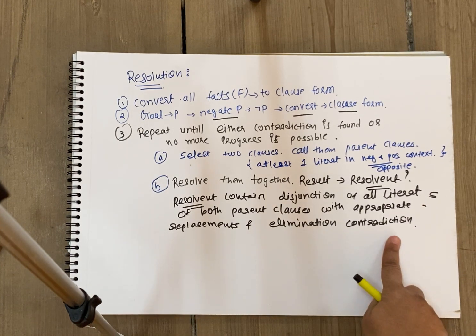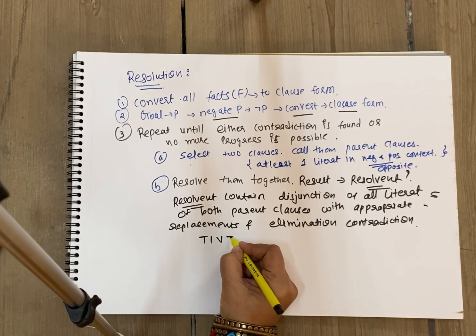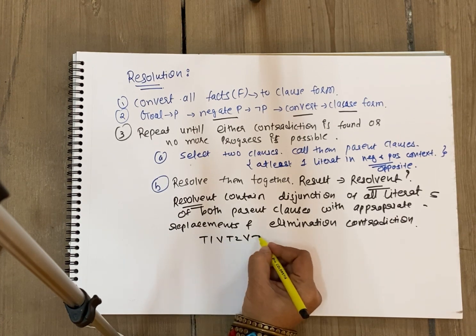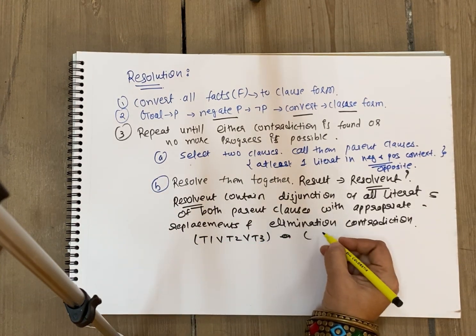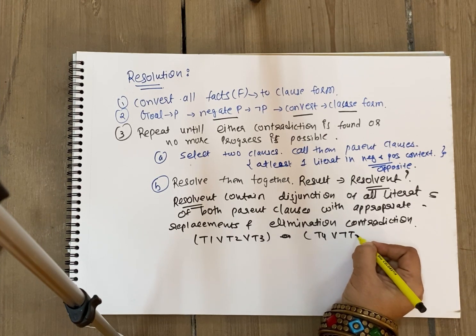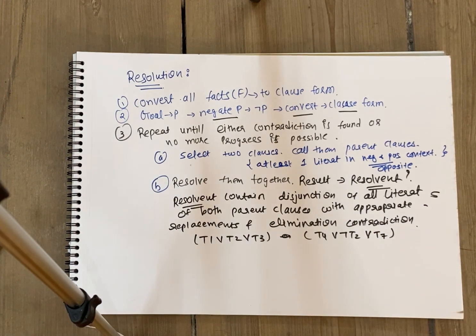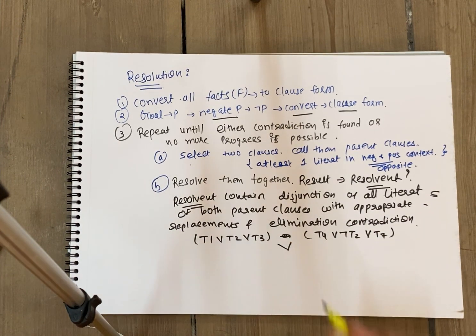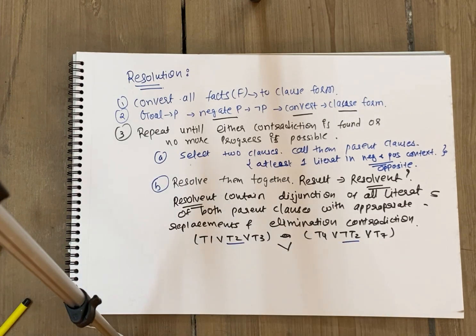Eliminating contradiction means, if I have something like T1 or T2 or T3 as the first parent clause, and the second parent clause contains T4 or not T2 or, let us say, T7, these are the two parent clauses. When resolving them, one of the literals should be in reverse context.